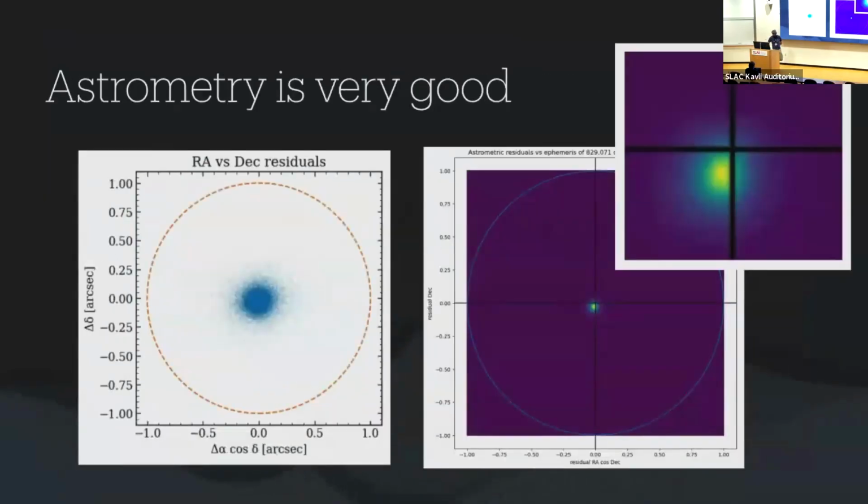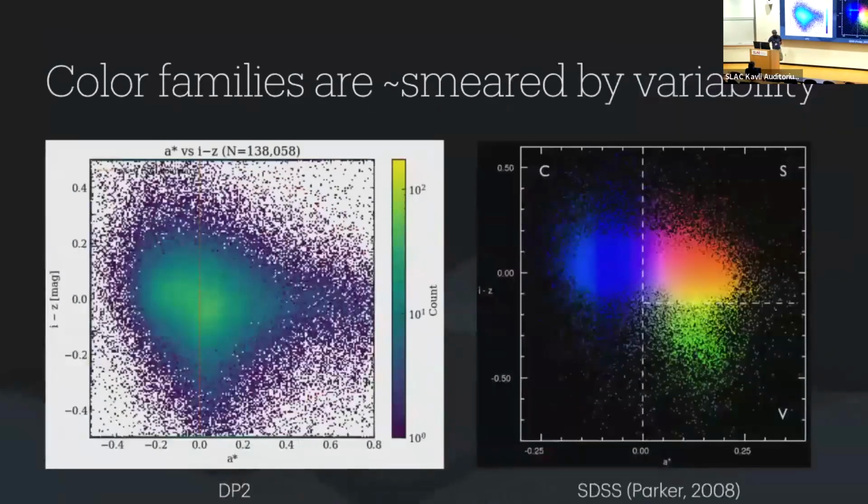And if you look at the difference in G minus I absolute magnitudes of objects, you don't see the color populations as clearly as you do with simultaneous colors. So the rotational variability induces systematics that we do not measure yet. And if you want to think about the colors of objects, you need to think about the variability of those objects as well. So I'm not saying don't use the absolute magnitudes, but the G.